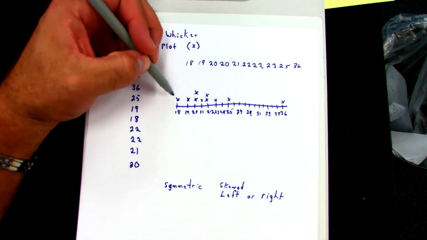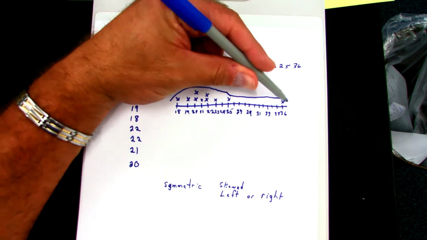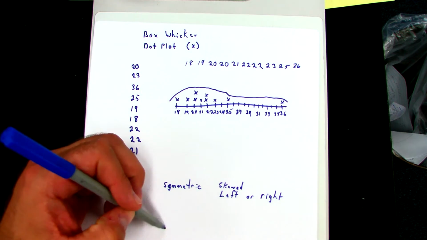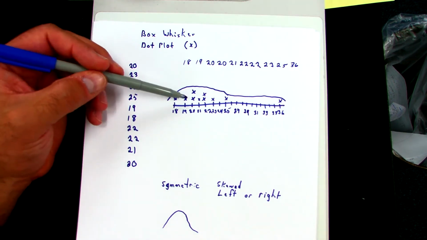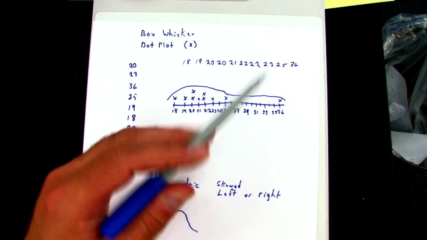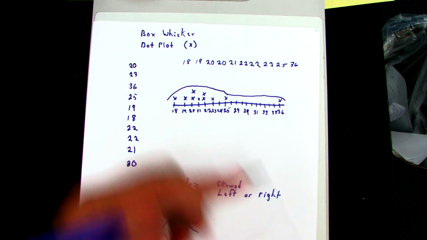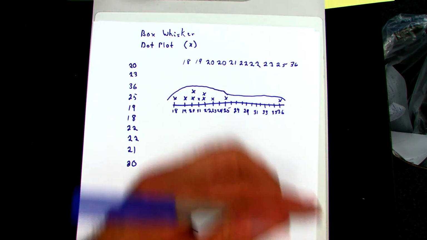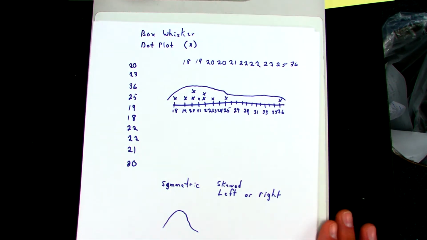If it was symmetric, when I go ahead and draw a line over it, it would look like this, or as close to that as possible. This doesn't look symmetric. So some of you would say, well, maybe it's called skewed left. Well, the name skewed left or skewed right is based on the data that's all by itself. So because this is way off to the right, this one would be skewed to the right.